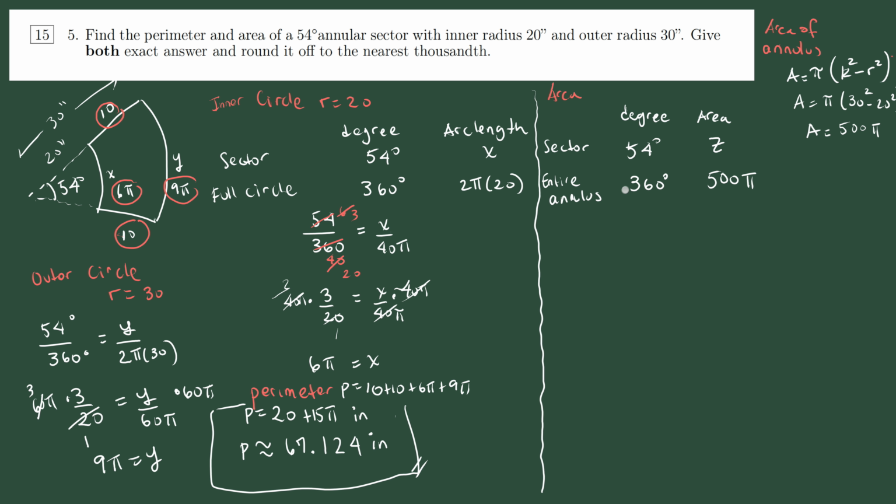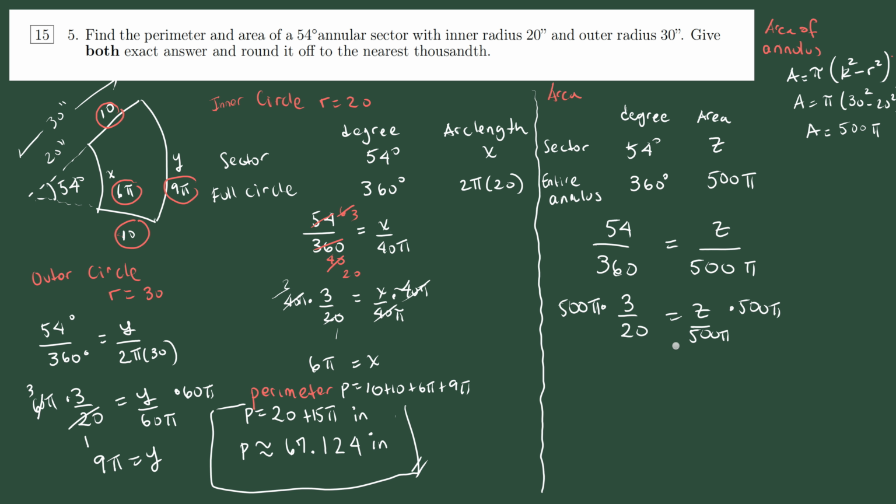Now, I'm going to use the same proportion: 54 over 360 equals C over 500 pi. Recall that whenever you reduce this part, you end up with 3 over 20 equals C over 500 pi. Multiply each side by 500 pi, and let's see what we're going to get.